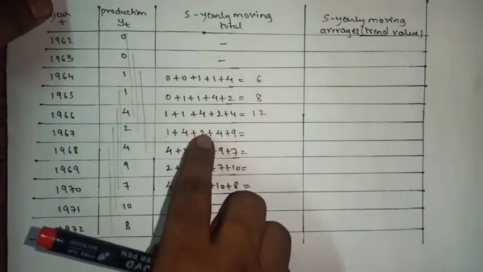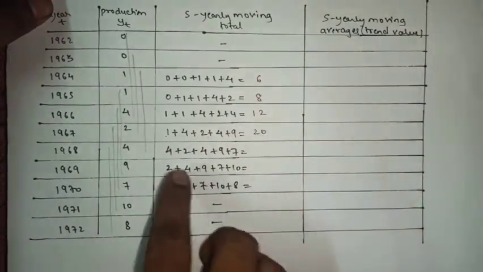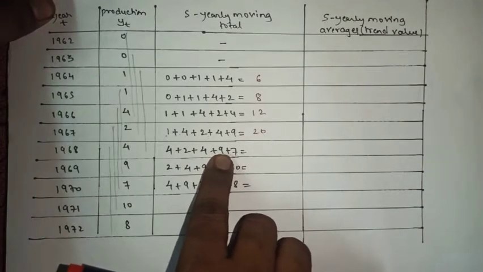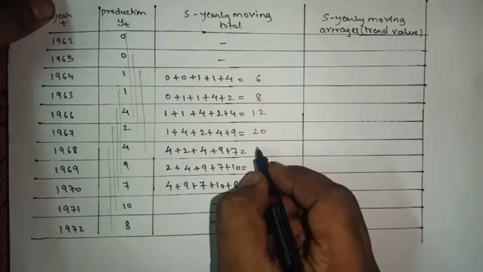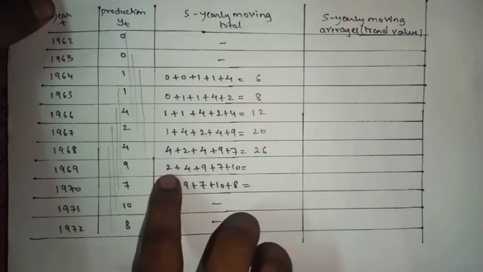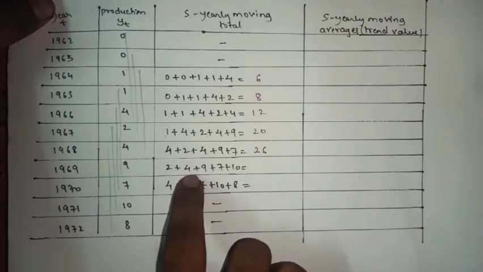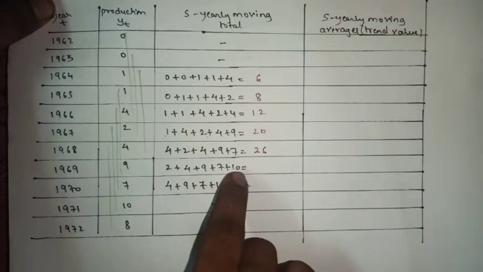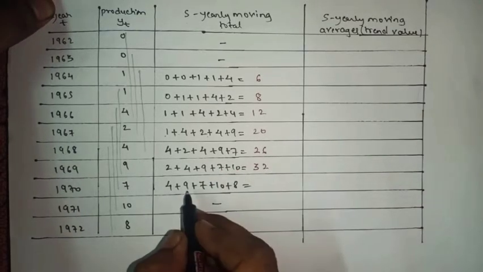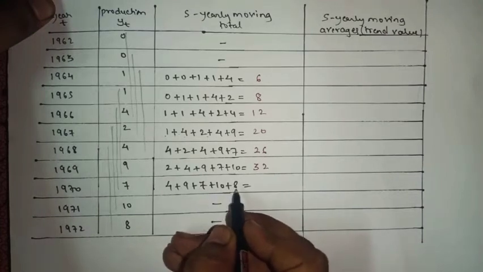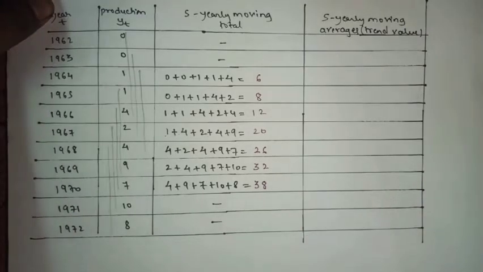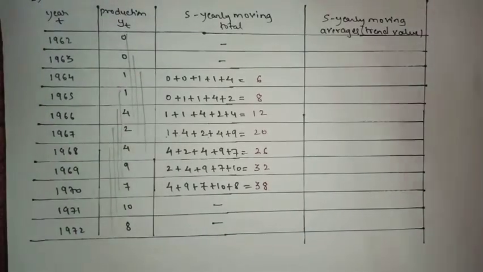Then 8 9 10 is 19, and 19 and 7 is 26. Next 9 plus 10 plus 11, then 11, 4, 15, 25 and 7 is 32. Then 4, 9, 7, 10, 8 will be 38. Yes or no?